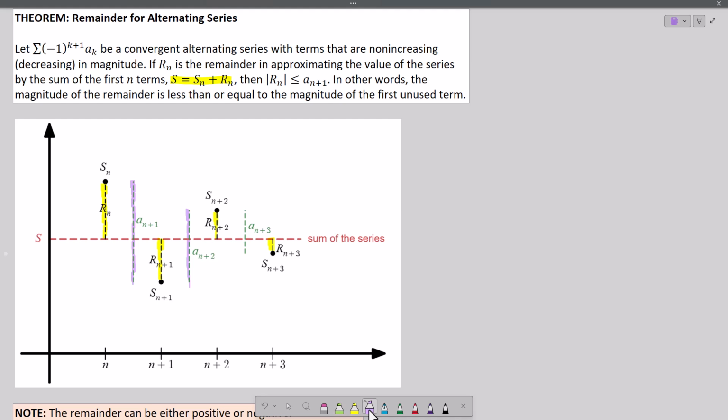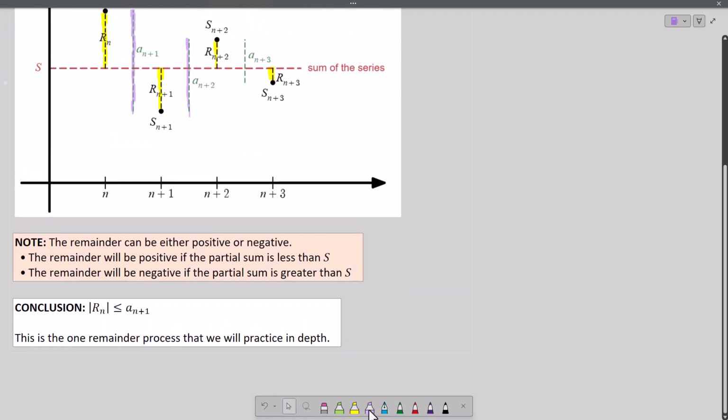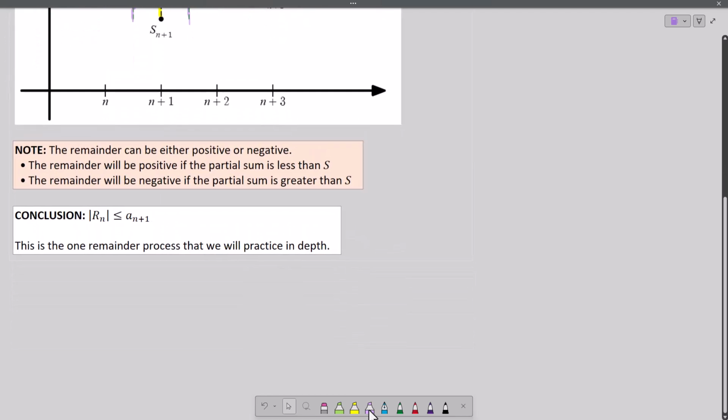So that's what we're going to do with alternating series. Instead of looking at crazy integrals going from n to infinity or n plus 1 to infinity like we saw last Thursday, we're just going to look at the first unused term. The first unused term is going to be a gauge on the remainder. So the remainder could be positive or it could be negative, depending on whether your partial sum is above or below the actual sum of the series.